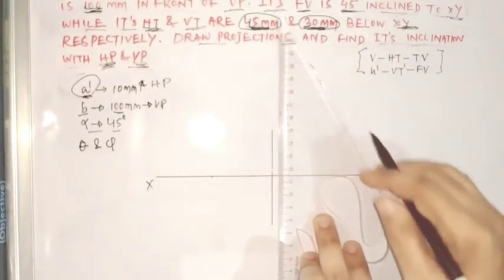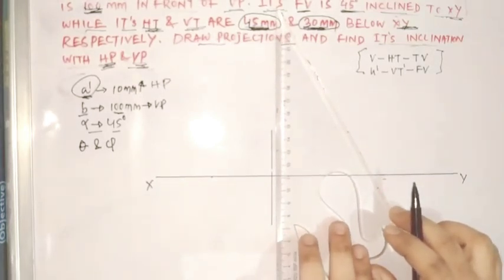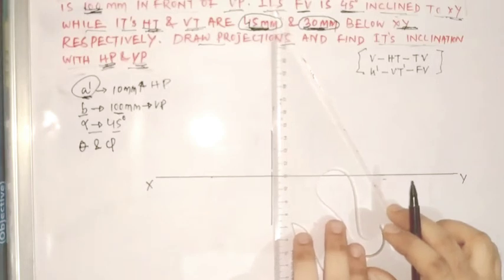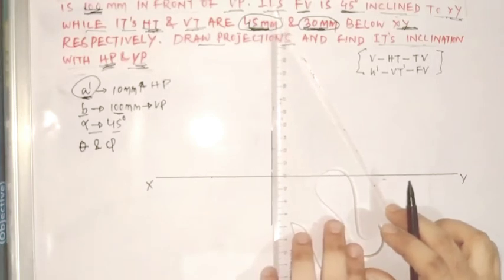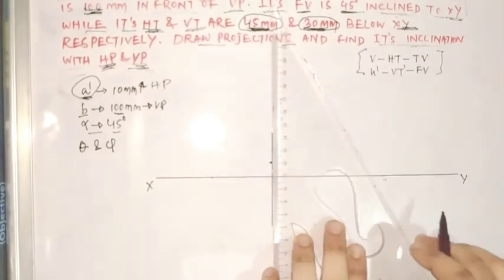Here I have drawn the vertical line. It is given that it is 10 above HP, so I have denoted that point here.